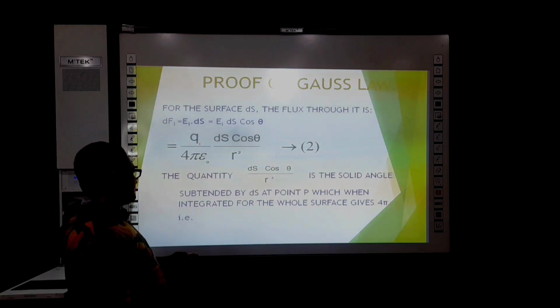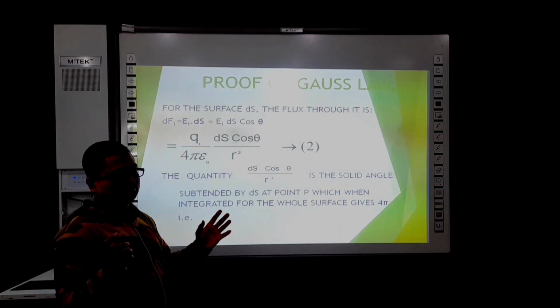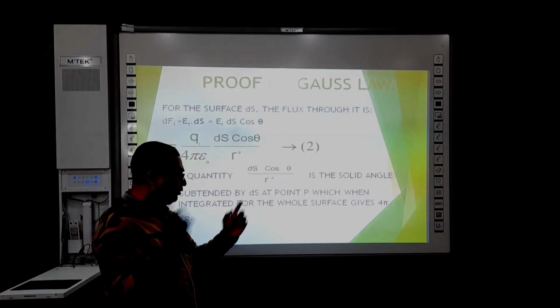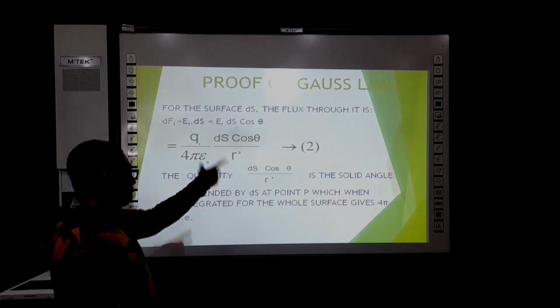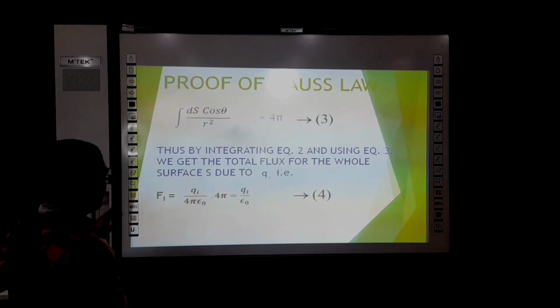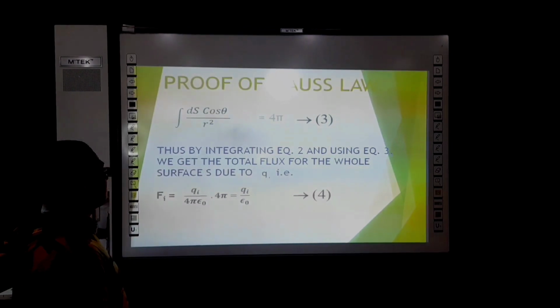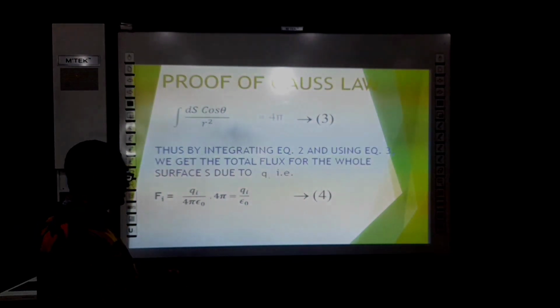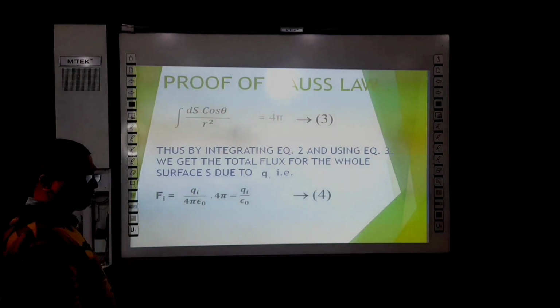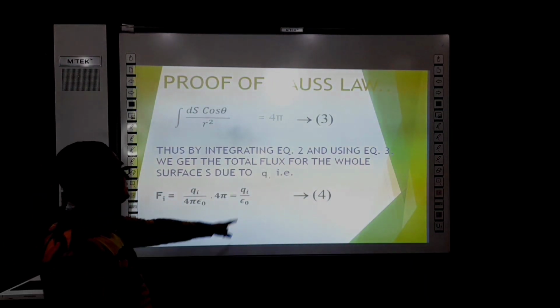And when we integrate this quantity over a whole surface, we get 4 pi. That means if we integrate this for a whole surface, we get 4 pi, and this is shown by expression 3. So integrating equation 2 and using equation 3, we get the total flux for the whole surface due to charge Qi.